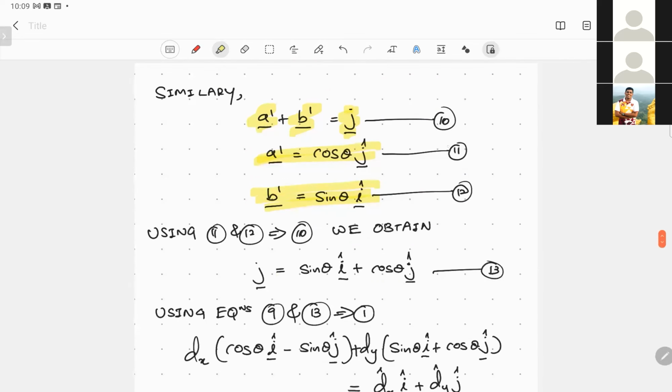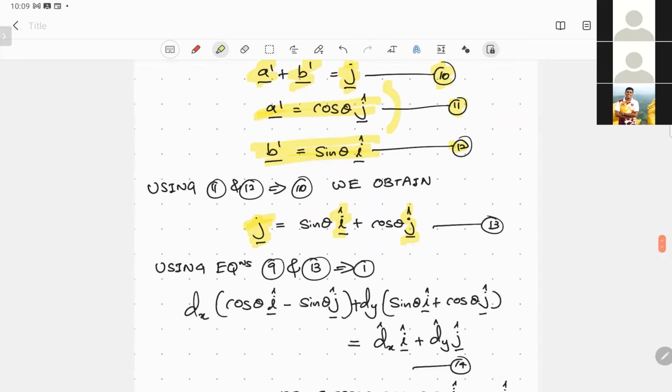So we can use equations 10 and 12 and substitute in equation 10 to express j in terms of i hat and j hat.